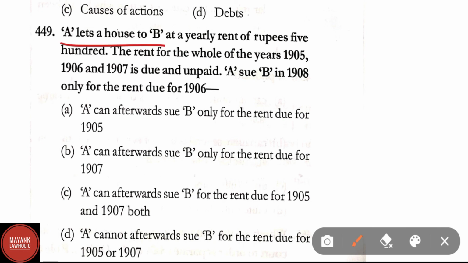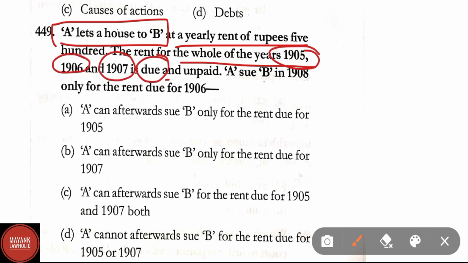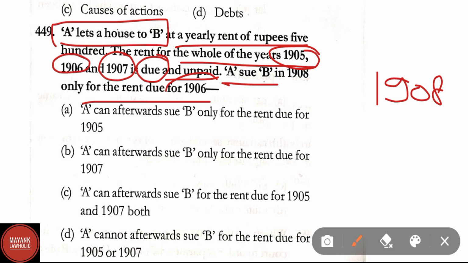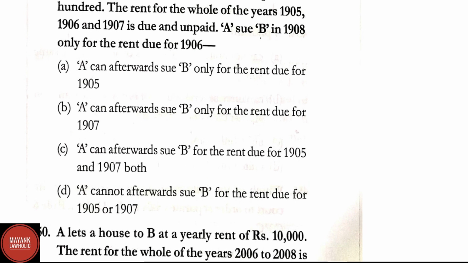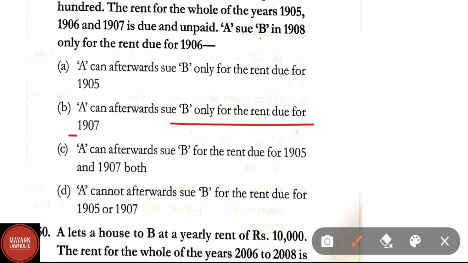Question number 449. A lets a house to B at a yearly rent of rupees 500. The rent for the whole of the years 1905, 1906 and 1907 is due and unpaid. A sues B in 1908 for the rent due for 1906. Option A, A can afterwards sue B only for the rent due for 1905. Option B, A can afterwards sue B only for the rent due for 1907.